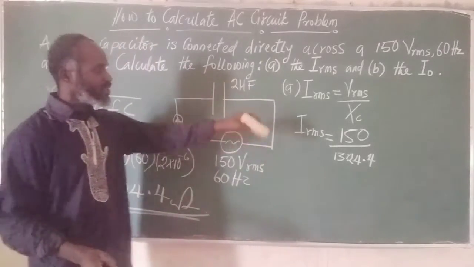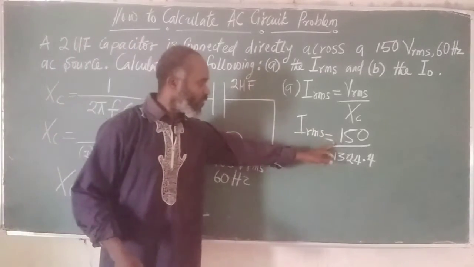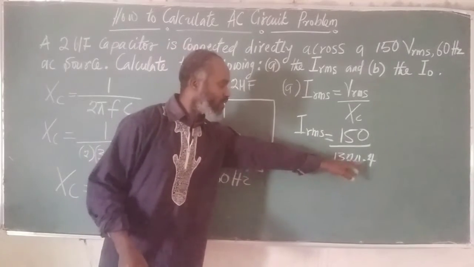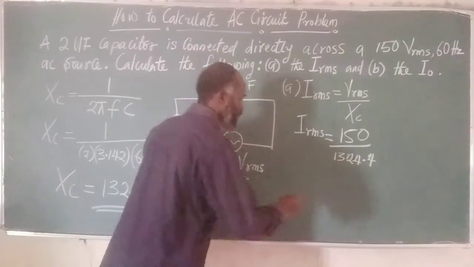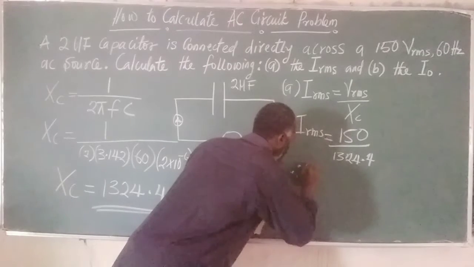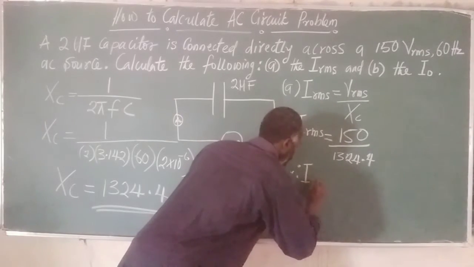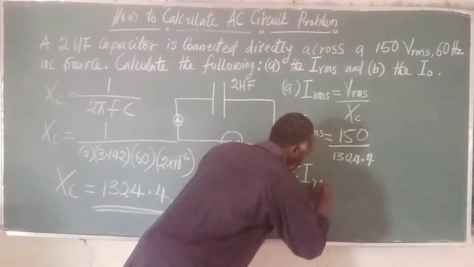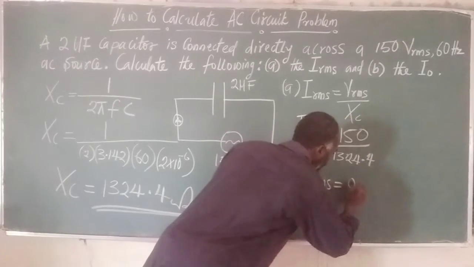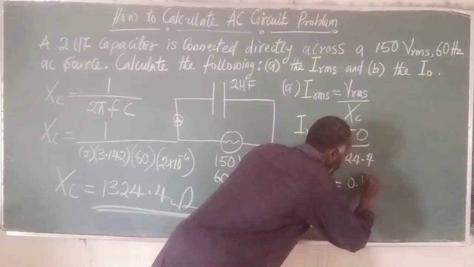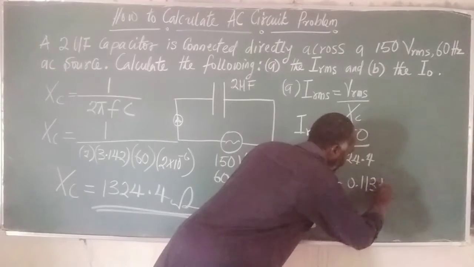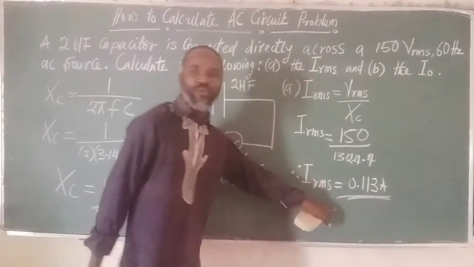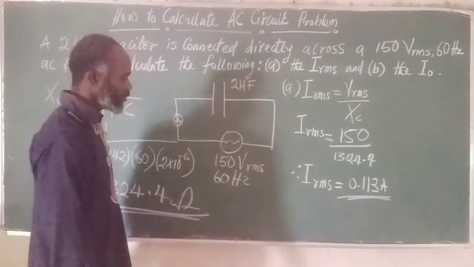By the time we simplify, 150 over 1324.4 is going to give us some amount of value. Therefore, the root mean square current is 0.113 amps. So we have found the value of the root mean square current.